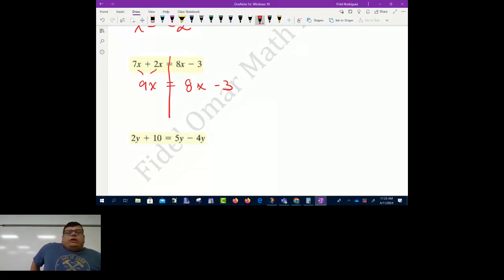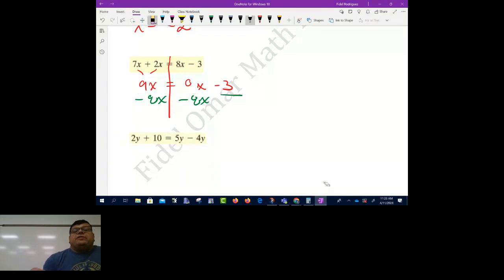Now, y'all, since we are trying to solve for x, I want to get the x's all on one side. So what I'm going to do is I'm going to say, look, if I want to get all the x's on one side and all the numbers on the other, right here I have x's, right here I have x's and numbers. Why don't we get rid of this 8x by subtracting it? Okay, let me get rid of that line. I don't want you to think it's a fraction.